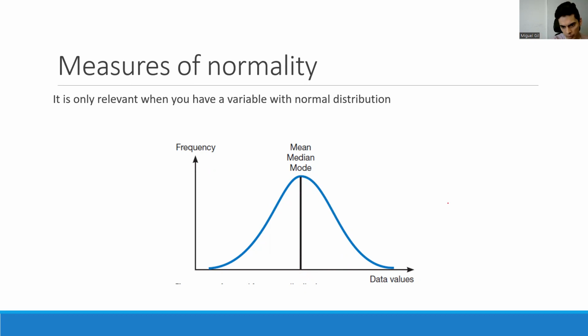You have 50% of your observations here, 50% here, and between this and this you have 55% of your observations. If you do the calculations, the distance between this and this should be 1 standard deviation.